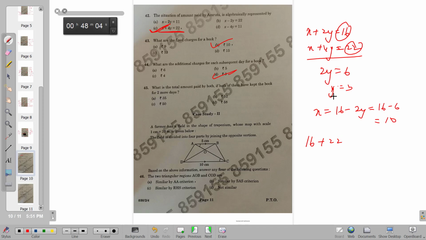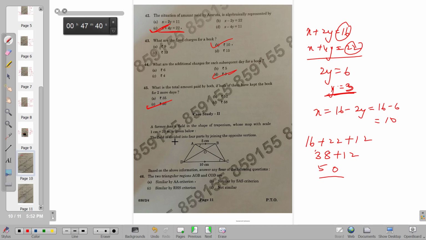And they have both kept the book for 2 more days. So both of them have to pay how much? 6 rupees each, which means 6 plus 6, 12 rupees both of them have to pay additionally together. So you're going to get 38 plus 12, which is going to be 50 rupees in this case. Alright, so the answer will be C.